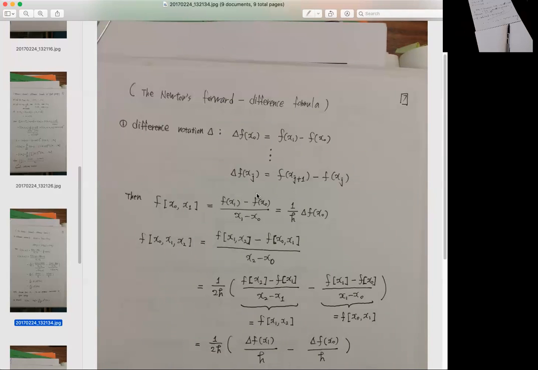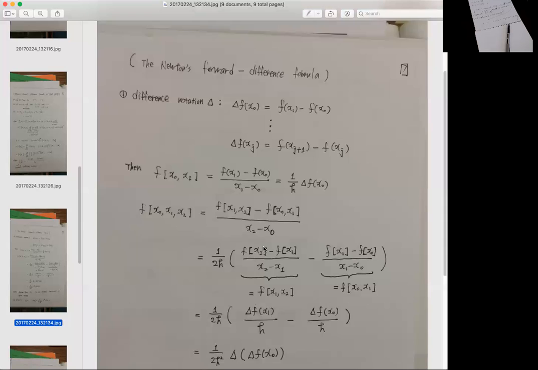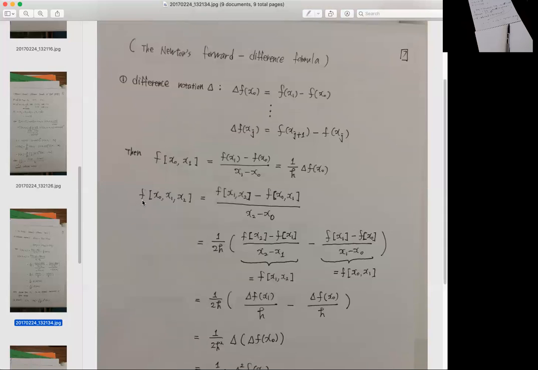This can be expressed as what? Difference notation nabla f of x0, right? Okay, and then x1 minus x0, assuming that the nodes are equally spaced, is nothing but h. Now, what about the divided difference of f at x0 through x2? Similarly, we could express the numerator, see that here, right there.